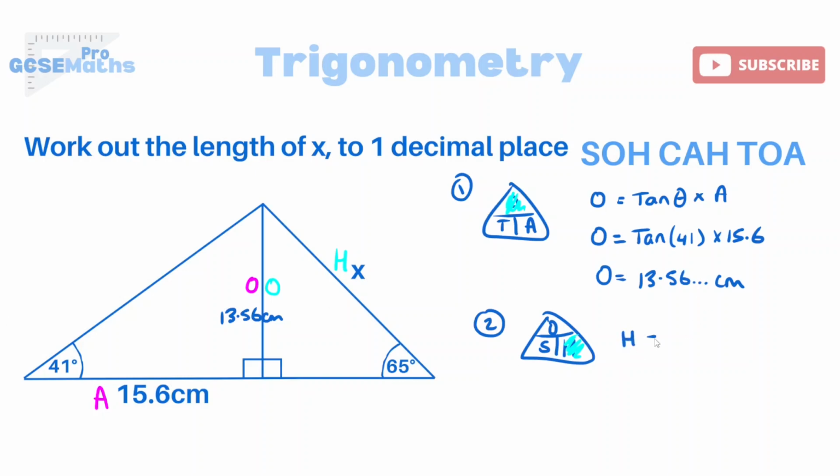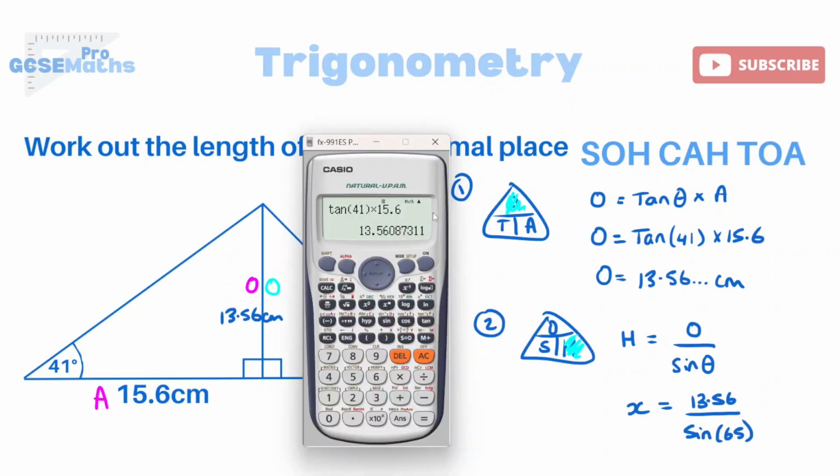So my formula is hypotenuse is equal to the opposite over sin of the angle. In this case we have the hypotenuse as x, so x equals the opposite, which I'm writing, again, 13.56, but I'm going to use my answer button in the calculator, I'm not going to round it like that, over sin of the angle, which is 65 degrees. So on my calculator you can see I still have my previous answer, the 13.56 with all of the decimals.